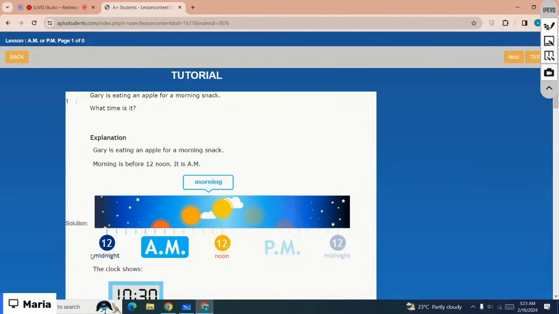And from midnight 12 to noon 12, that is AM. So he is eating the apple in the morning. Morning is before noon, so that is AM. The correct option is AM, right?